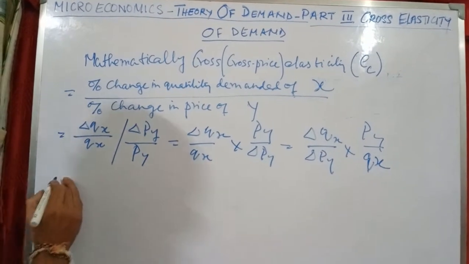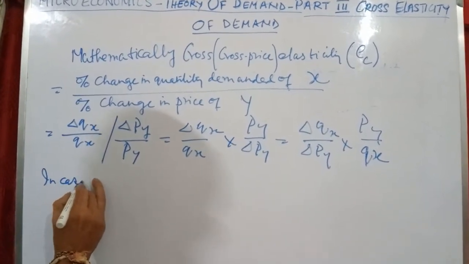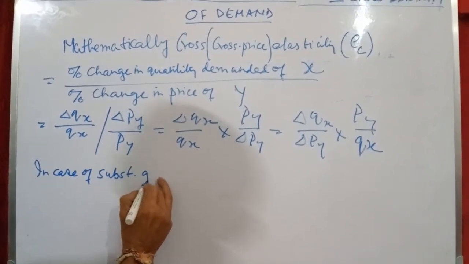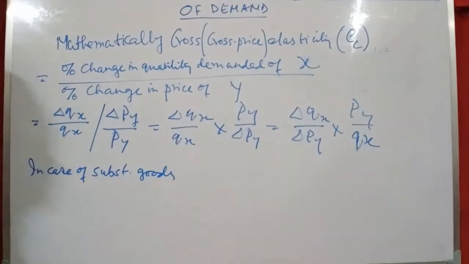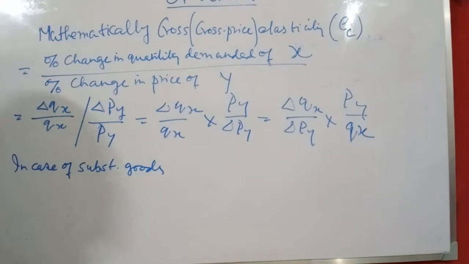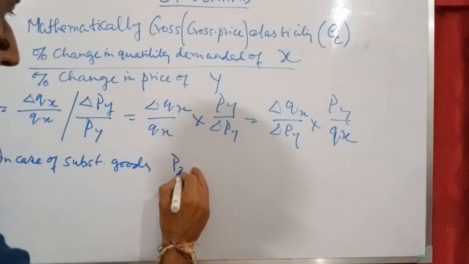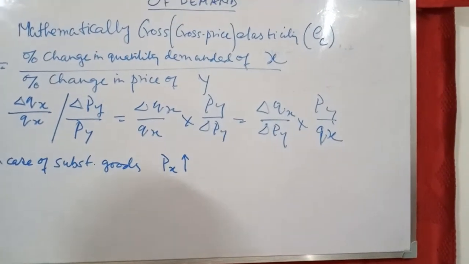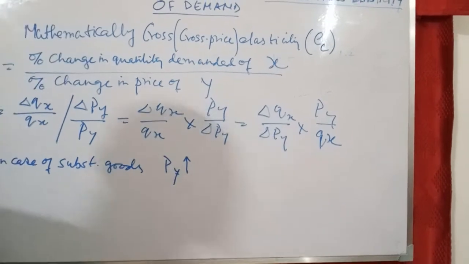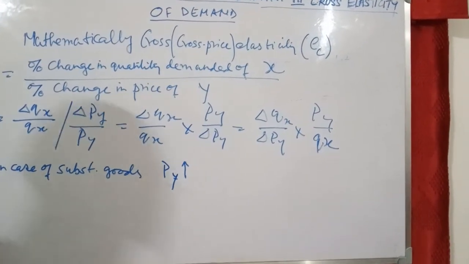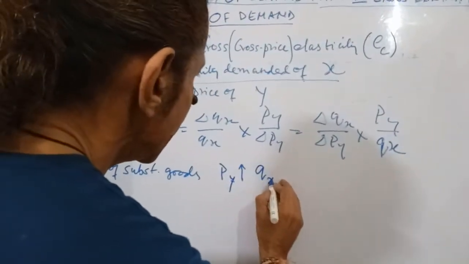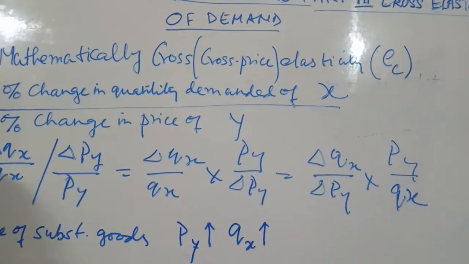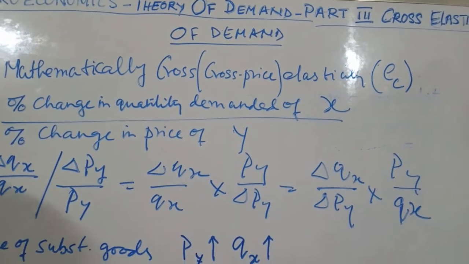Now in case of substitute goods, if price of Y increases, then quantity demanded of X will also increase, because the consumer can substitute one commodity for another.